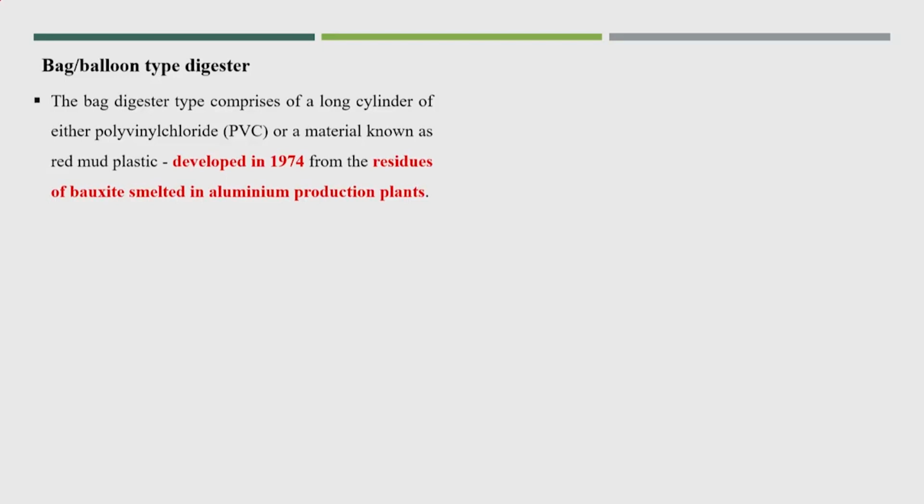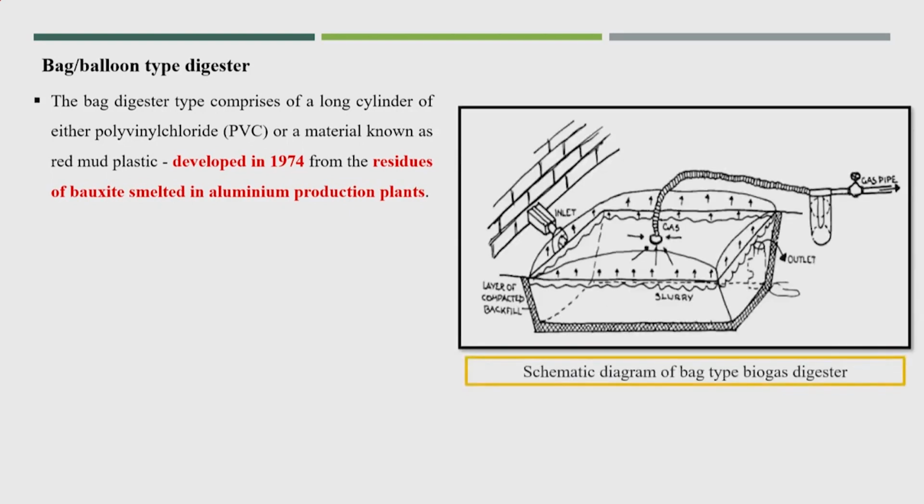The bag digester type comprises a long cylinder of either PVC, or polyvinyl chloride, or a material known as red mud plastic, that was developed in 1974 from the residue of bauxite smelted in an aluminum production plant. That was one particular industry; they started this kind of digester.